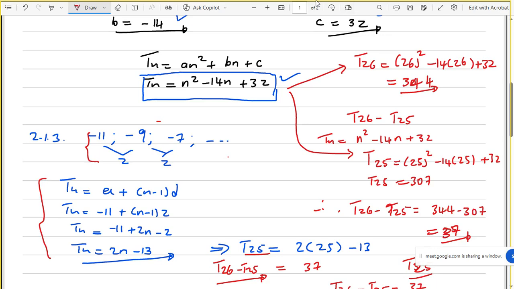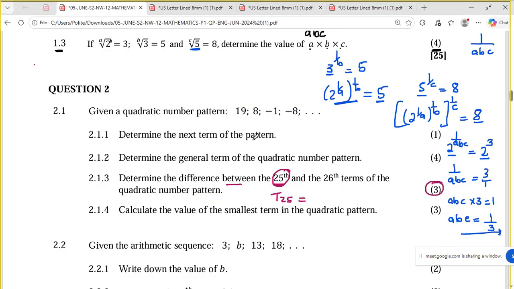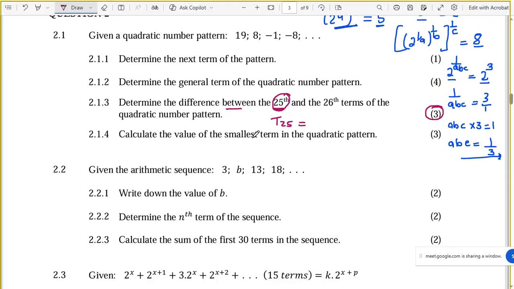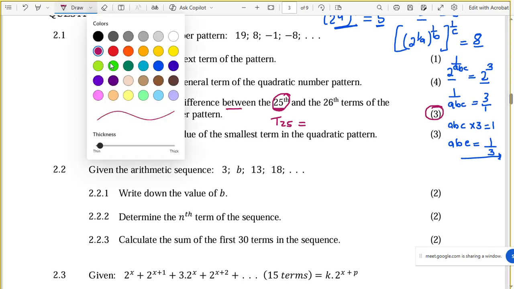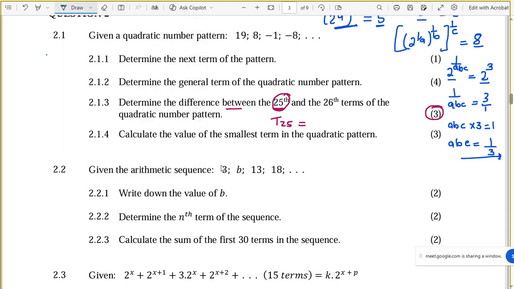All right, so now the next one: calculate the value of the smallest term in the quadratic pattern. On this one I need your attention. Emile, please pay attention. When they say the smallest value in the quadratic pattern, we always use the formula n equals minus b over 2a.